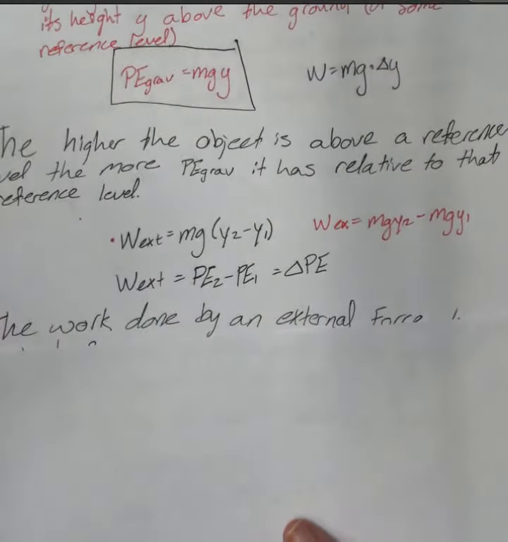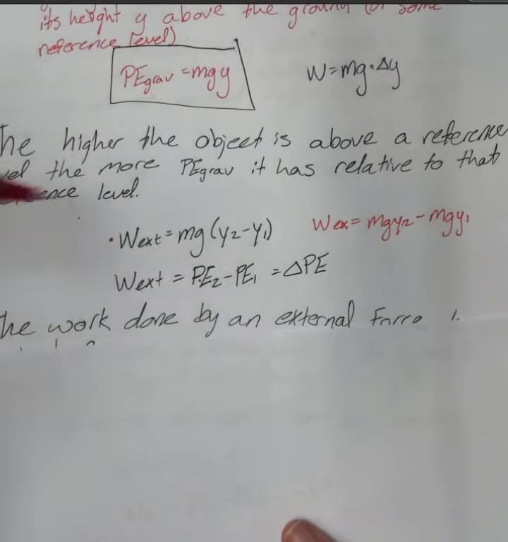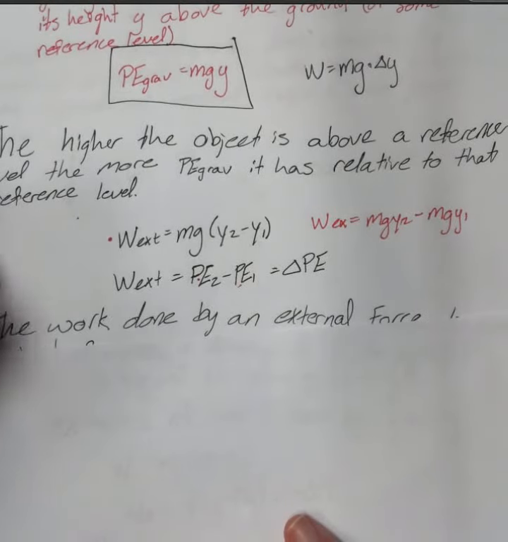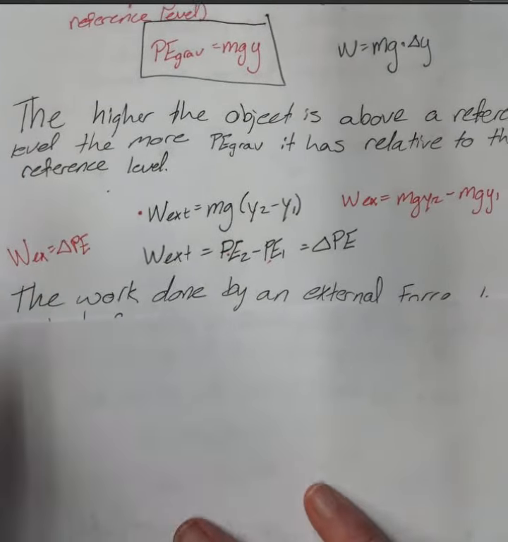Alright, so now we've got the work equals the potential energy at the final position compared to the potential energy at the initial position. And final minus initial is change. So that means that for any object, the work that must be exerted is going to be equal to the change in potential energy. And that relationship is a really convenient relationship that will always hold true.